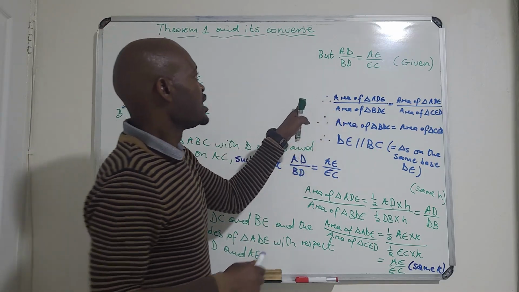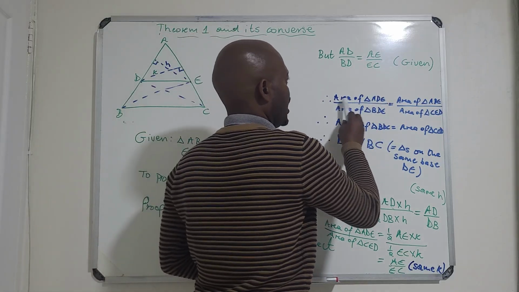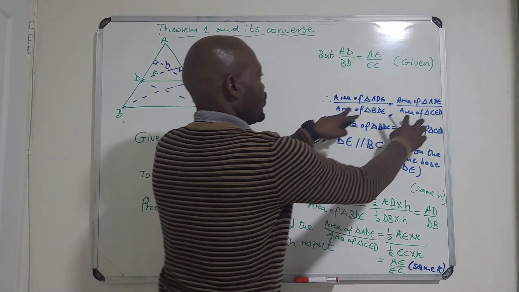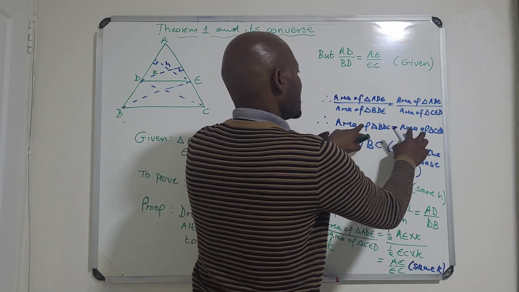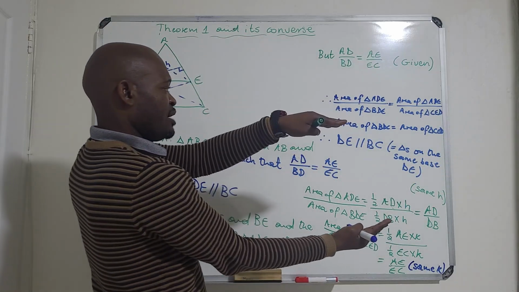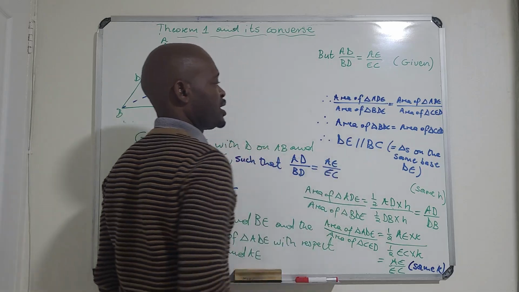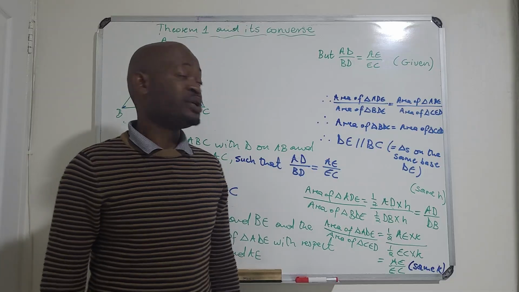Since this is equal to that, the ratios there are equal. Therefore, these two triangles are equal. Since they have the same area, it means that they are on the same parallel lines. Therefore, DE is parallel to BC.